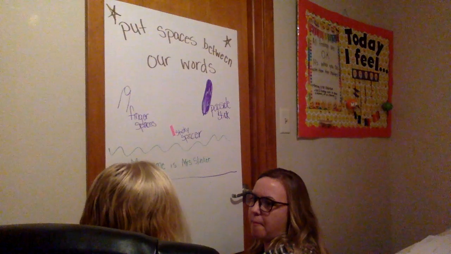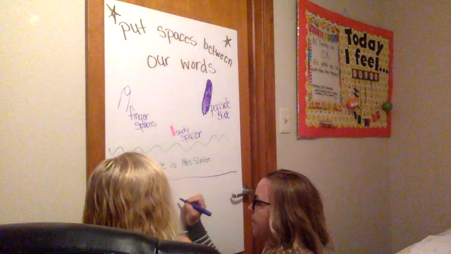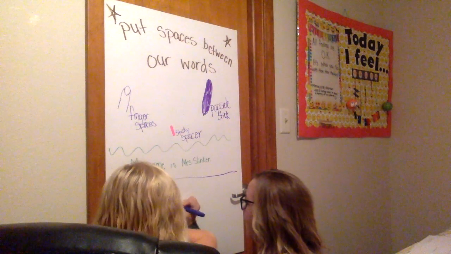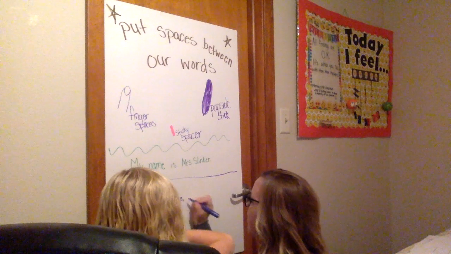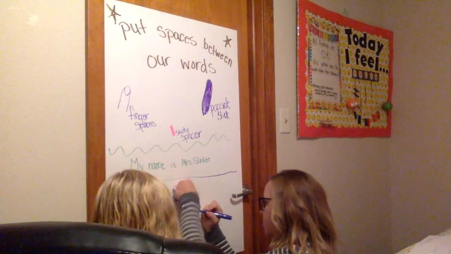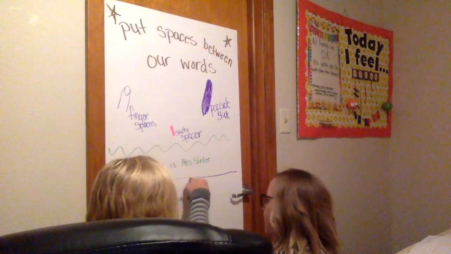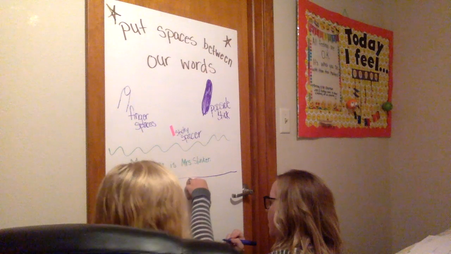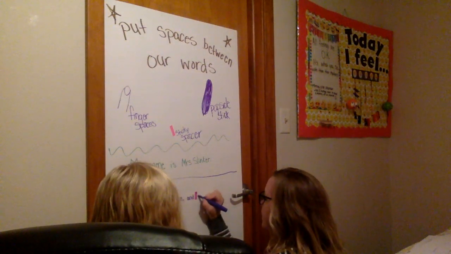What else? What do some people like to drink? Juice. Juice, and then I'll put a comma, and if I'm just going to put one more thing, I'm going to write the word and, so I use my spacer, and space. What's another one? Milk, how about? Water, juice, and milk.